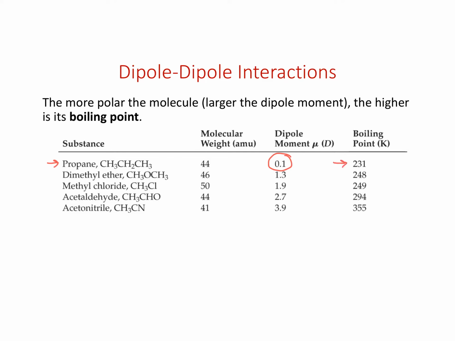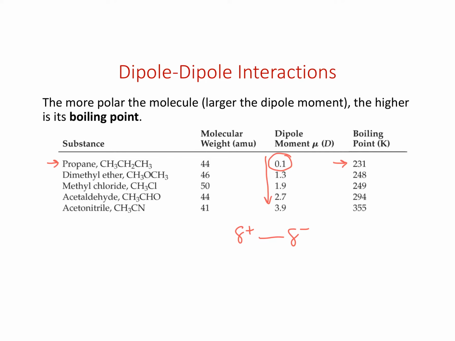That results in a boiling point of 231. As we go down this list, we have a larger and larger dipole moment, which means we're going to have a larger and larger imbalance of charge on the molecule. That means my partial positives and my partial negatives are getting bigger and bigger, and that's going to allow for more attraction within the sample.